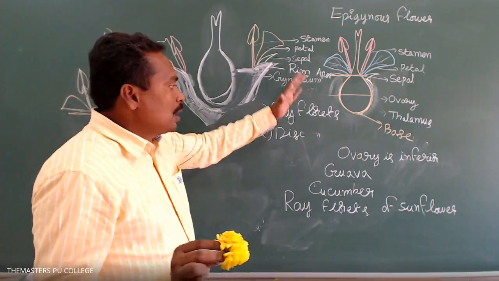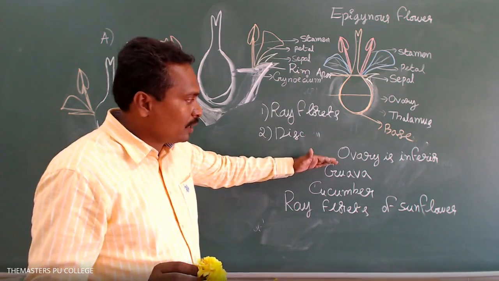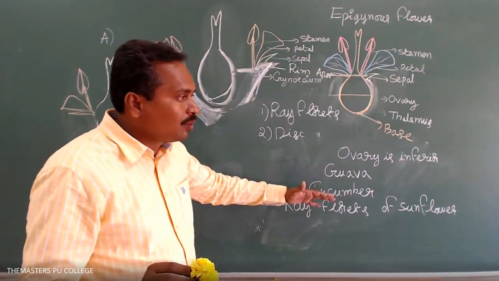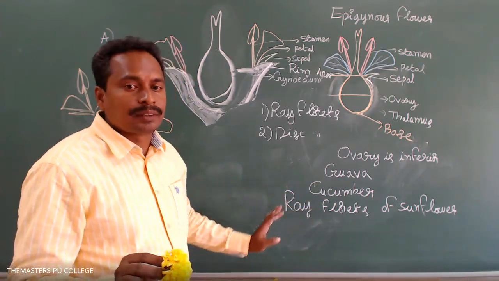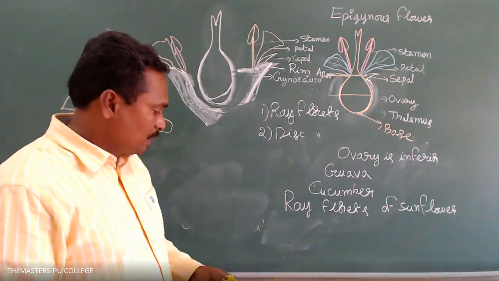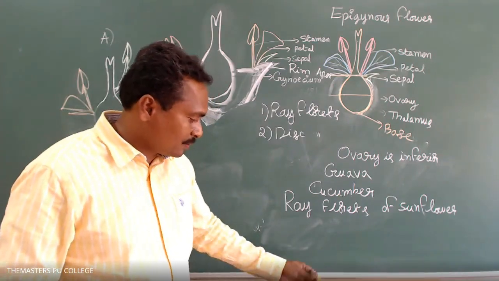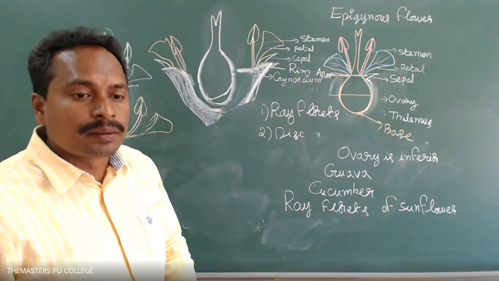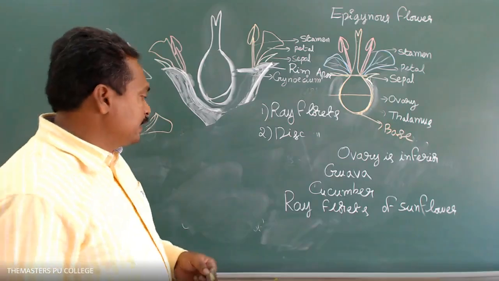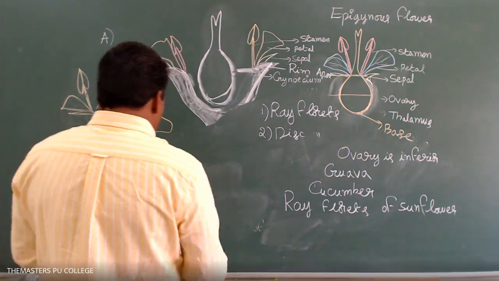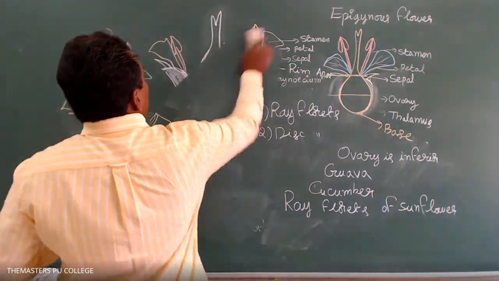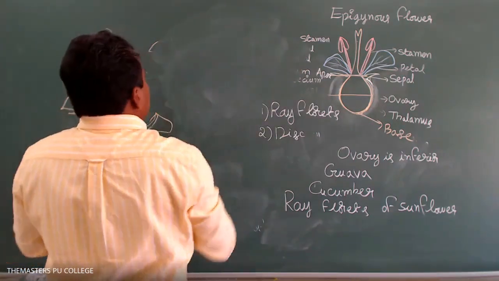So epigynous flowers are seen in guava, cucumber, and the ray florets of the sunflower. Is it clear now regarding the ray florets? So what about disc florets? In which shape? The disc florets of the sunflower.